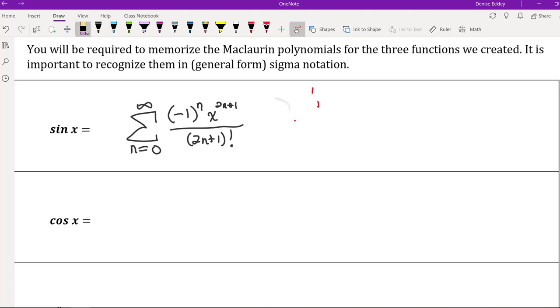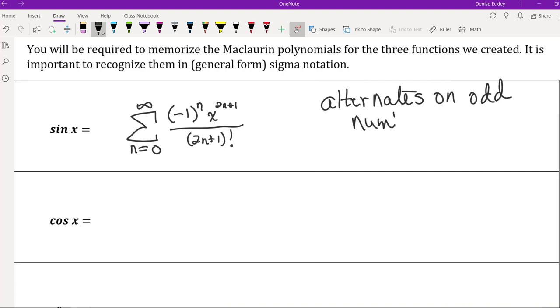So what we do want to remember from this is that this alternates on odd numbers only. We don't have any even powers.